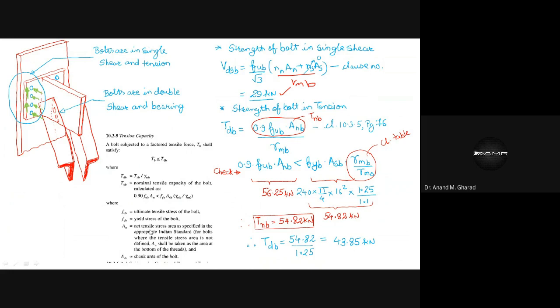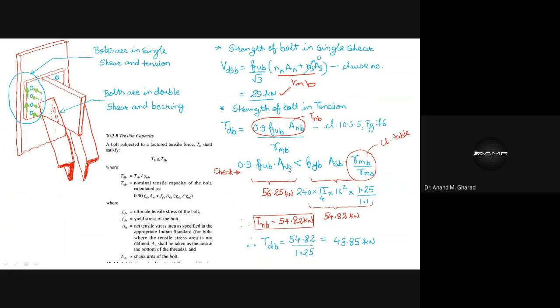ठीक है, वो कितना आता है देखो, 0.78 times area of the bolt. What is the area mentioned? Rather, what is the diameter of the bolt given? 16 mm. So, can you please find out this complete value? 0.9 into 400 into 0.78 times pi d square by 4.